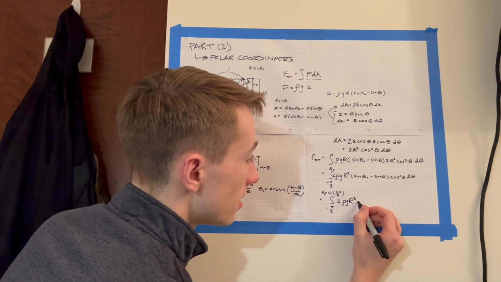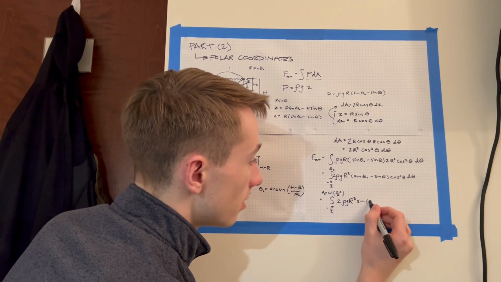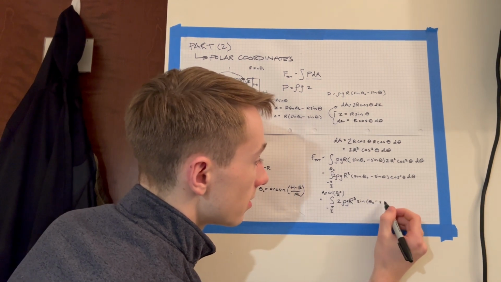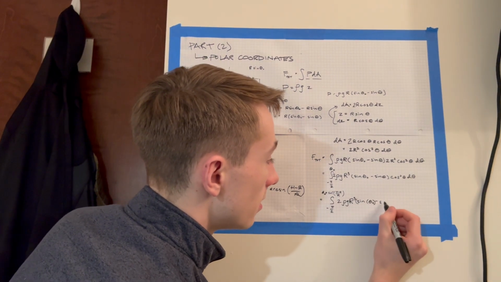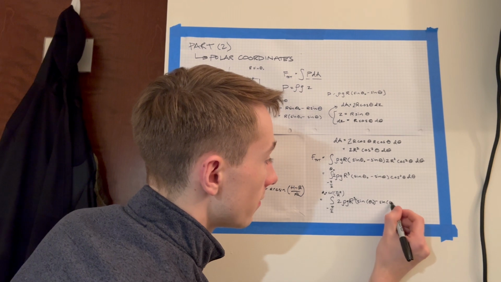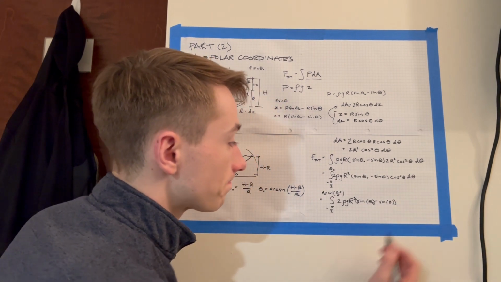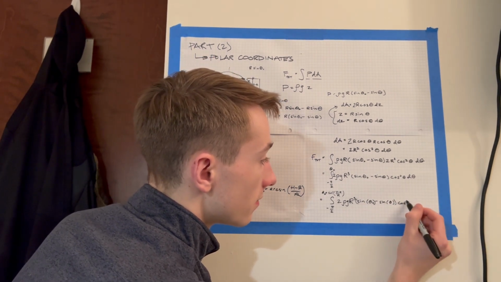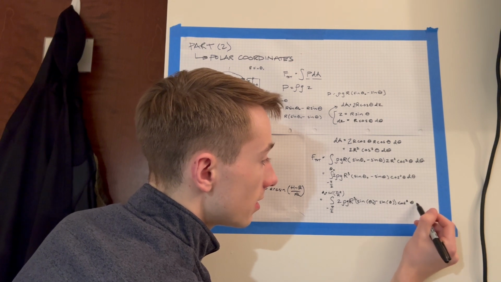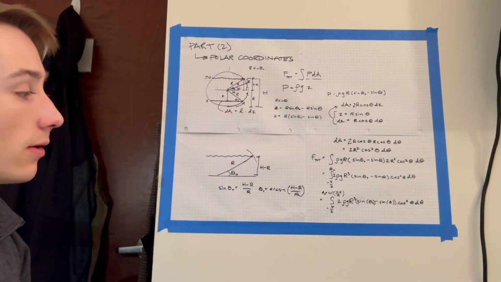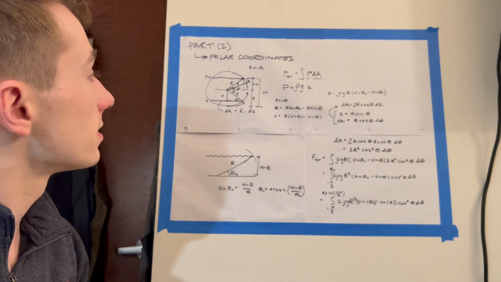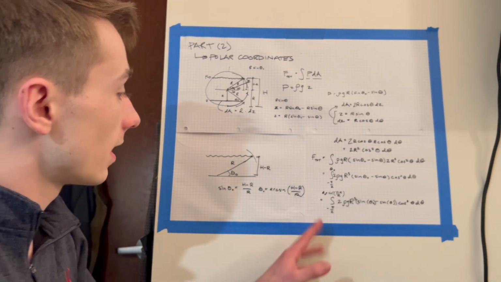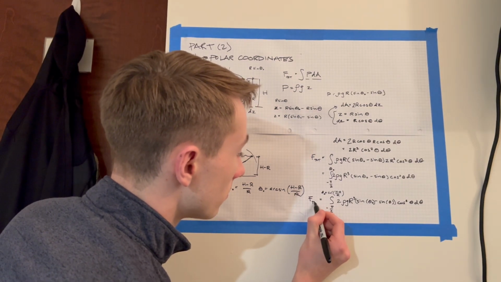And then just fill the rest of this in: r cubed, sine theta naught minus, make sure our parentheses are right here, sine theta, times the cosine squared of theta d theta. This expression should summarize exactly what we need. We're looking for force total.